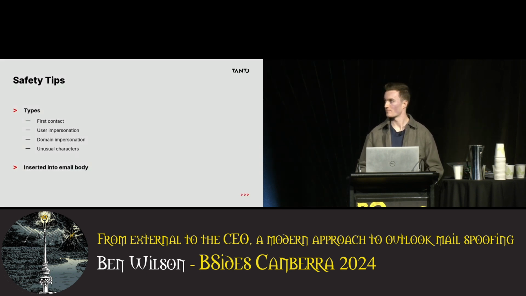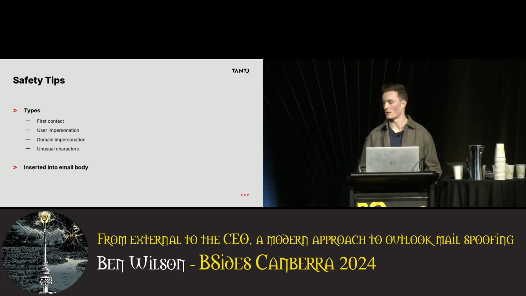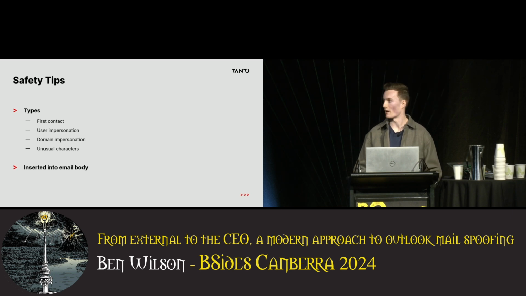Safety tips. Safety tips are quite common. The most common of those is the first contact safety tip, which occurs when you get an email from an irregular sender. But they've also got user impersonation, domain impersonation, and one for unusual characters, which I've never been able to trigger and I don't know how it works.